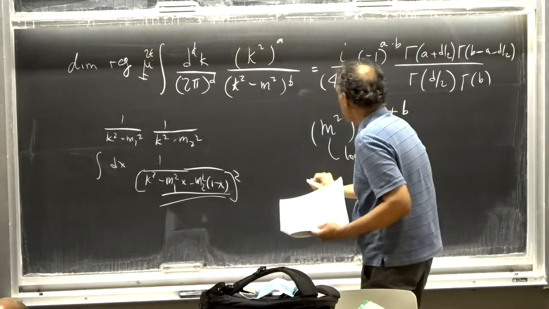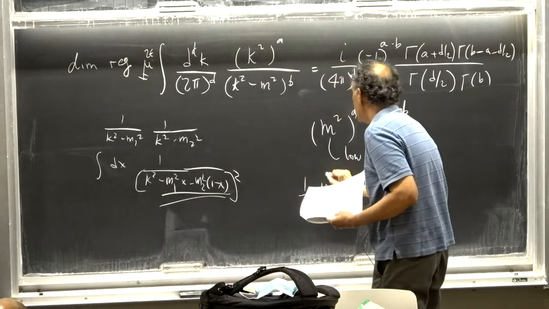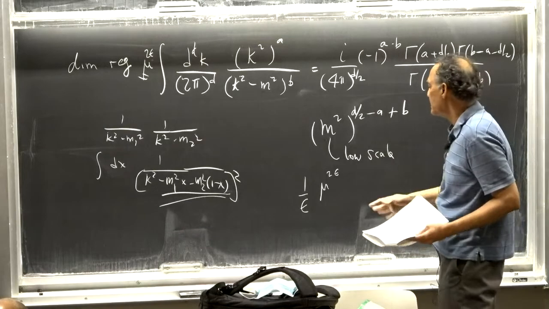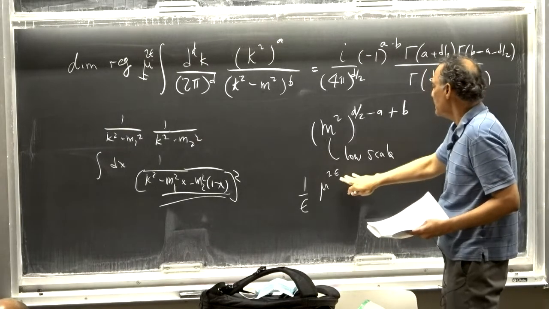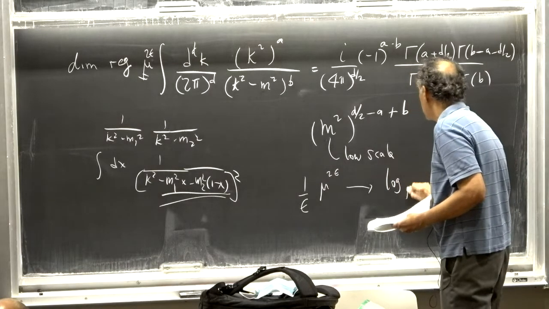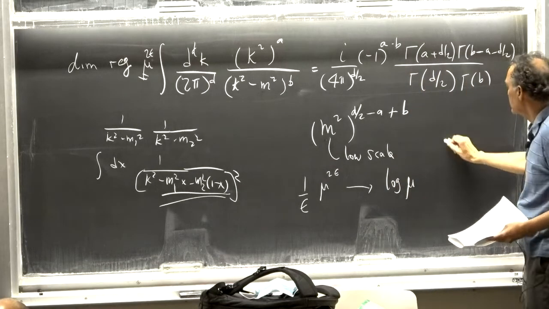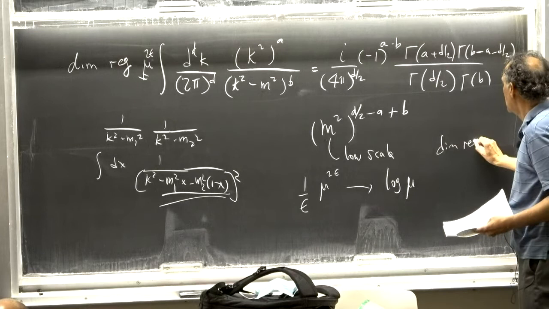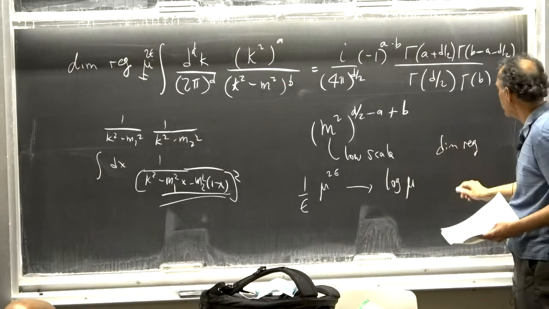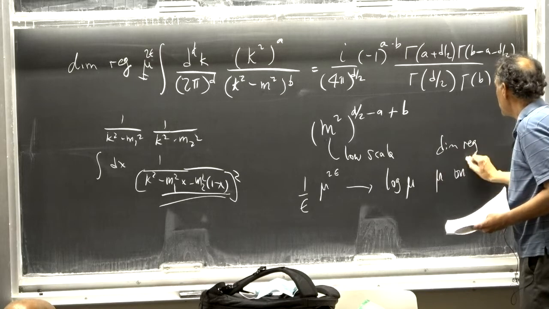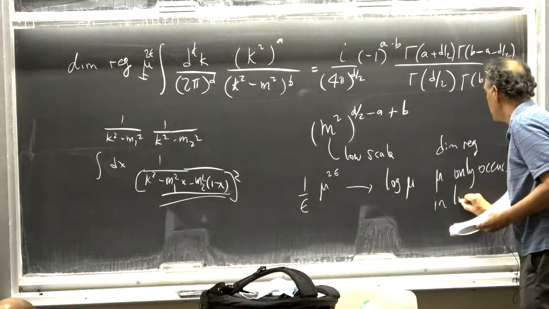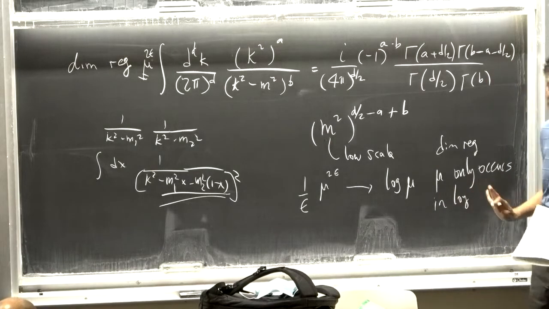And so what you can get is a 1 over epsilon times a mu to the 2 epsilon, for example, which when you start expanding in epsilon about 0, because you're in 4 minus 2 epsilon dimensions, will give me a log mu. So in dim reg, this mu scale, the analog of the cutoff, only occurs in logs. There are no explicit powers of mu anywhere.